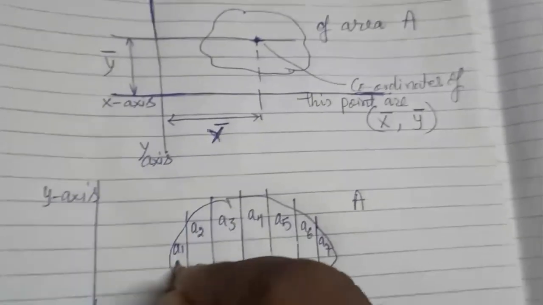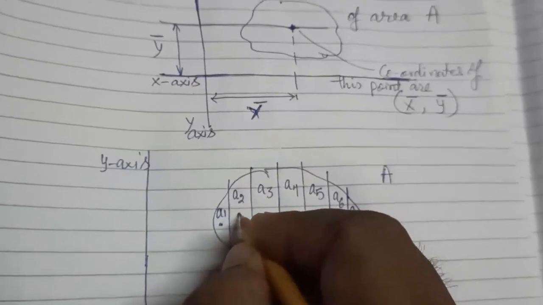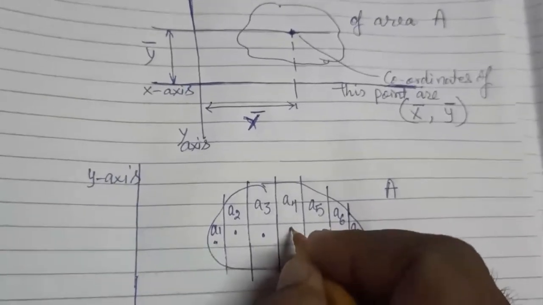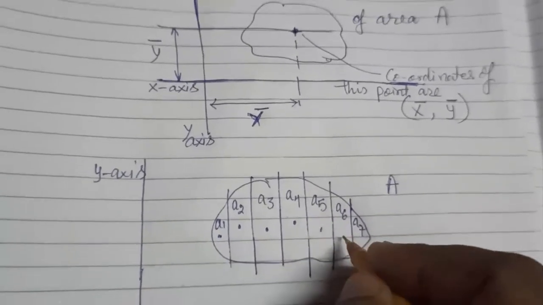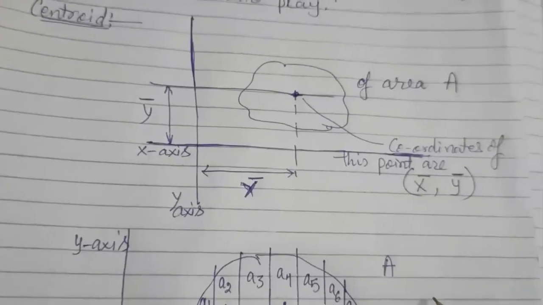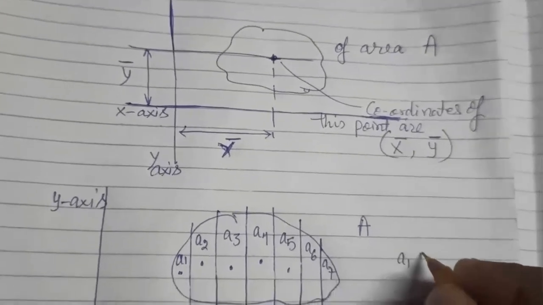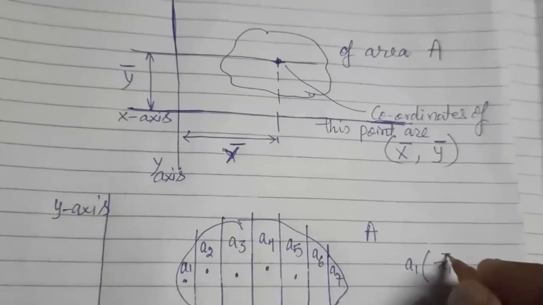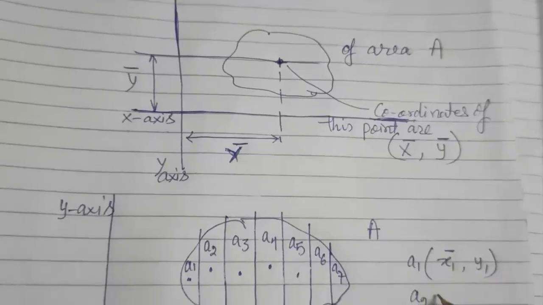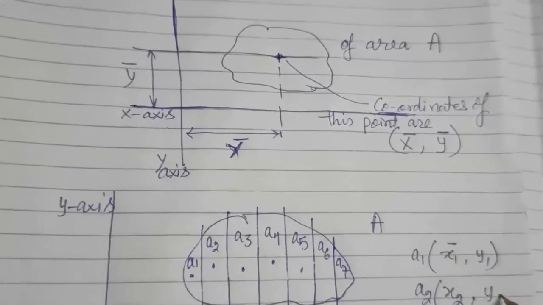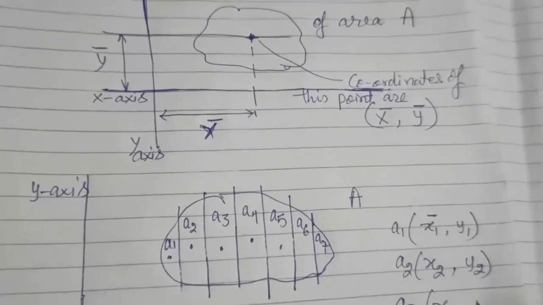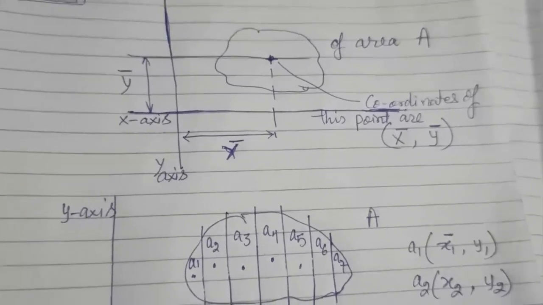So this is the centroid of A1, centroid of A2, centroid of A3, centroid of A4, A5, and so on. And the coordinates of A1 are x1, y1, and for A2, x2, y2, and A3, x3, y3, and so on.